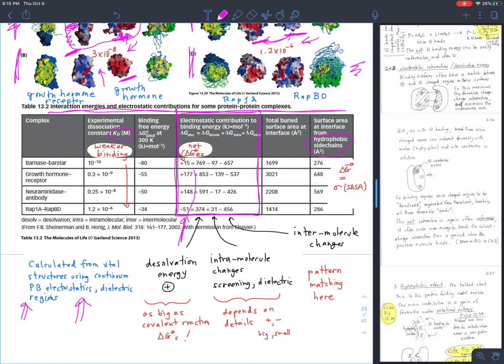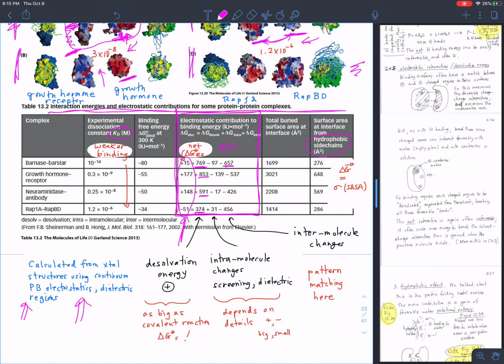The numbers over here on the left-hand side are the total contributions to the electrostatic energy from all different contributions, from both the pattern matching and the desolvation energy. This first number in each case is the pattern matching energy. That's the desolvation energy in each case.